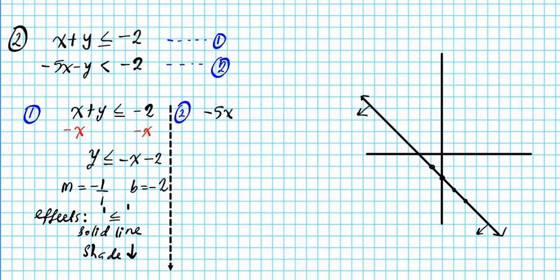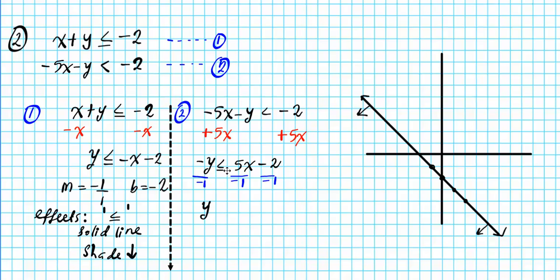Negative 5x minus y is less than negative 2. So to get y isolated here, we start by adding 5x to both sides. Okay, and then we have negative y is less than 5x minus 2. To get y isolated, we'll divide everything by negative 1. And we end up with y.